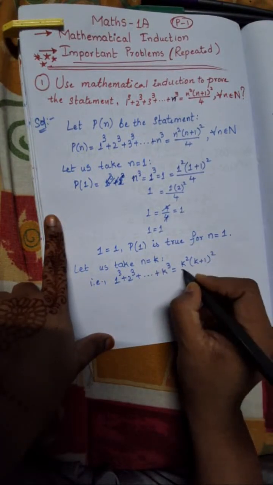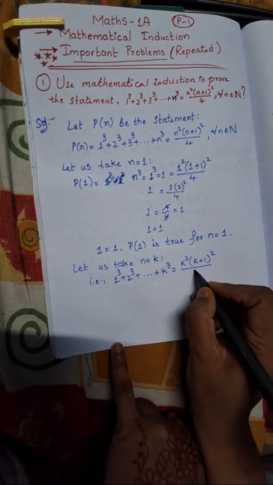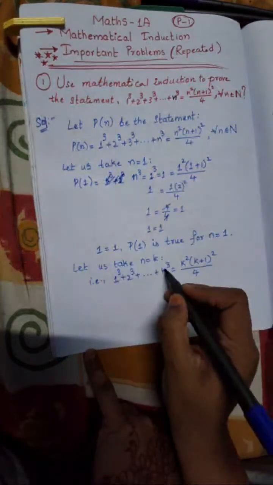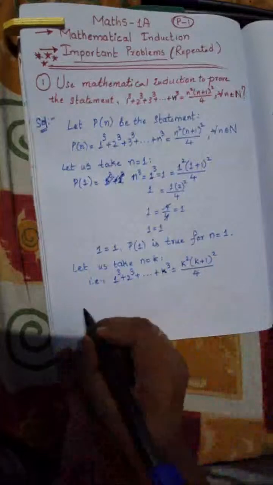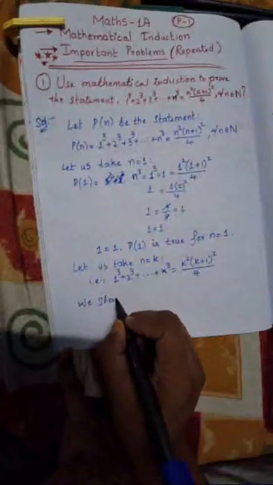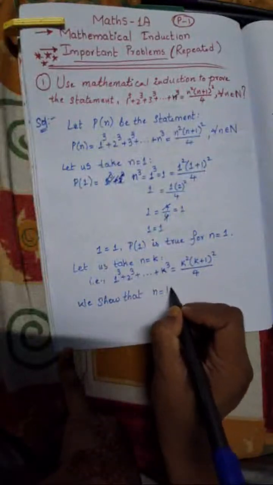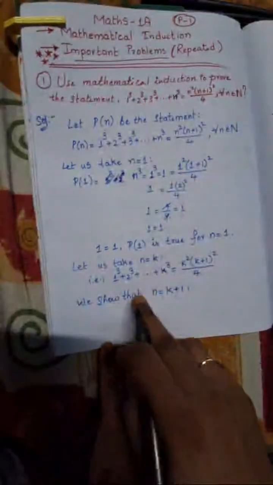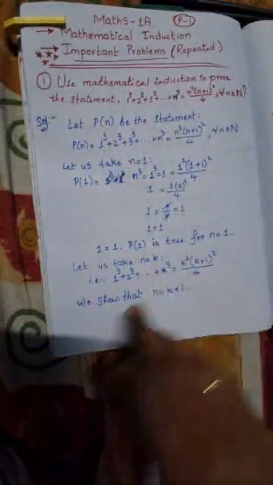In place of n I have written k, and the denominator 4 stays as it is. In the second step we don't have to prove anything, only write k in place of n.